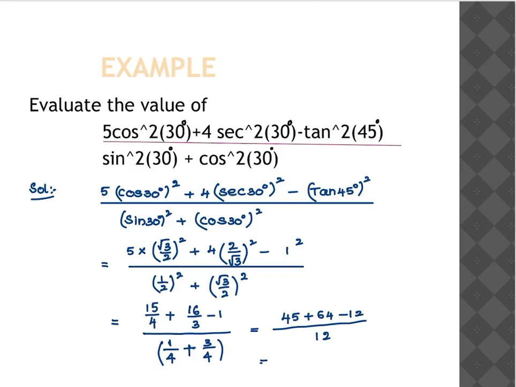So 45 plus 64 minus 12. 64 minus 12 is 52, so this will give us 97 upon 12. This is the final value. Hope you understood. Thank you all.